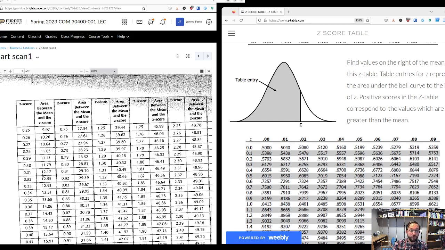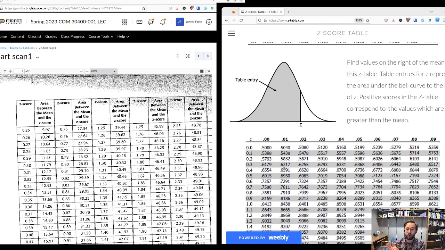But if you just add 50%, so in other words, this is just taking this area right here, from 50% up to the z-score, and it's just telling us what's there. And so if we want to figure out how much is less than that, then we have to say, okay, for 0.31, 50% plus 12%, so 62.17. And if we look over here, 62.17, it's exactly the same.